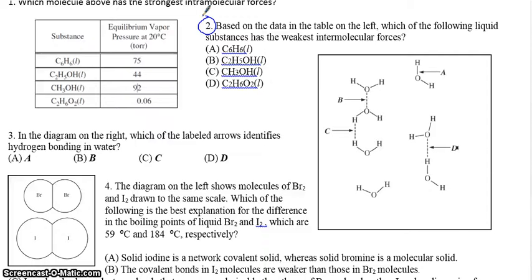So the table gives us vapor pressure. Now vapor pressure essentially is how quickly a substance evaporates. Notice the substance with the highest vapor pressure is this guy here, CH3OH. Highest vapor pressure means that above the liquid phase, the molecules evaporate very, very quickly. And if you were to close the container, it would give you the highest pressure. It's a gaseous version of the liquid that gives the highest pressure, which means the liquid has the weakest forces.